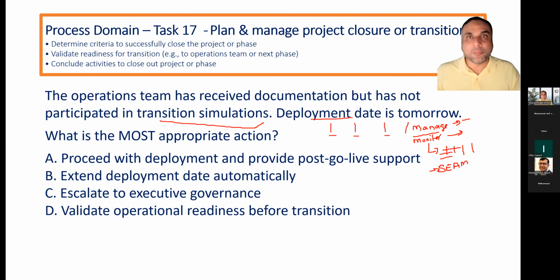So we were able to recall the information about a stakeholder register, a stakeholder engagement plan, a stakeholder communication management plan. Now let's go and read the question above. What is the most appropriate action? It means we are discussing a risk situation or an issue situation. Let's clarify this first before answering.